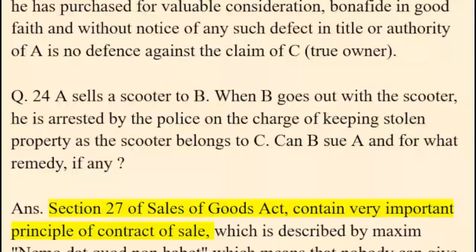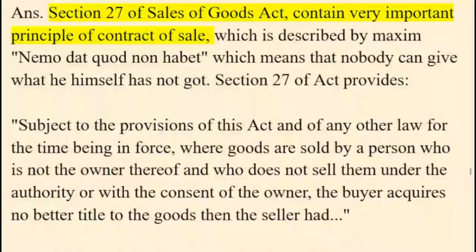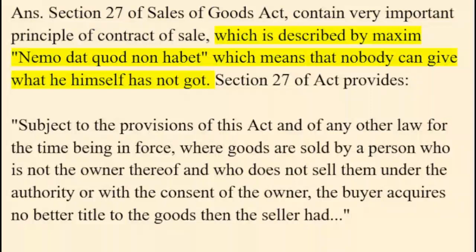Ans. Section 27 of the Sale of Goods Act contains a very important principle of contract of sale, which is described by the maxim nemo dat quod non habet, which means that nobody can give what he himself has not got.